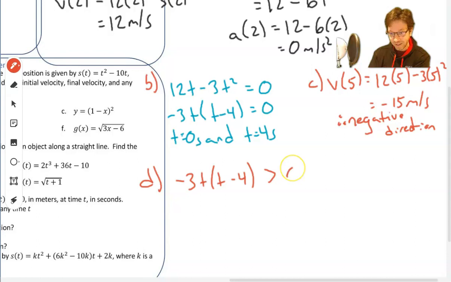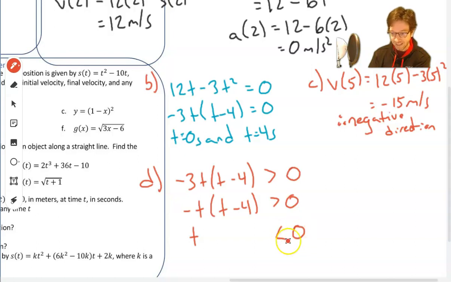So when is this going to be greater than 0? Well, I can just divide both sides by 3 and write minus t times t minus 4 is greater than 0. If I divide both sides by a negative, then I will switch the sign and say, when is it less than 0?